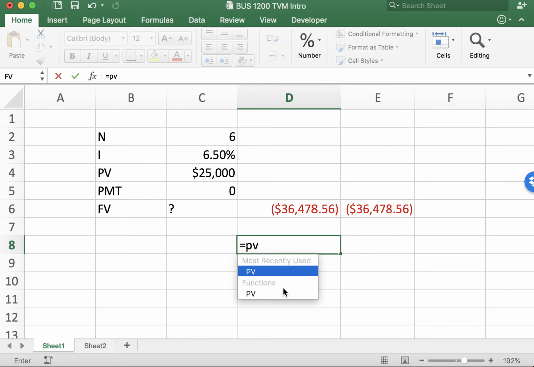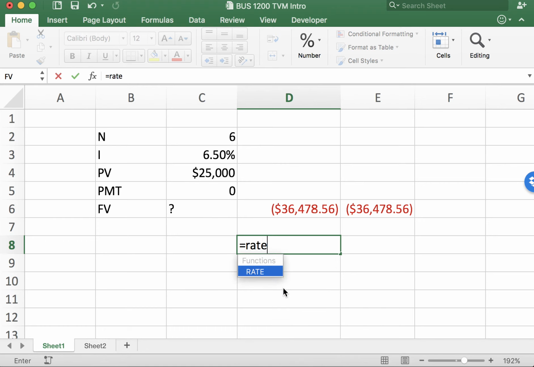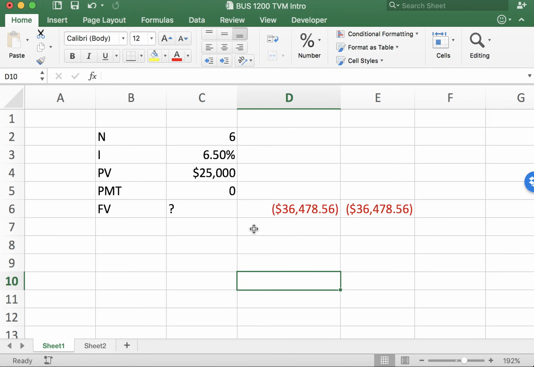So if you want to change it to, let's say, rate, you type in rate and parentheses, and you get NPER, payment, PV, and FV. If you want to do NPER, you type in NPER, parentheses, and you get rate, payment, present value, future value, and so on. So you can see that any of the formulas are right there, and if you can just remember one of them, all you have to do is change the variable at the beginning, and you can find the rest of them.